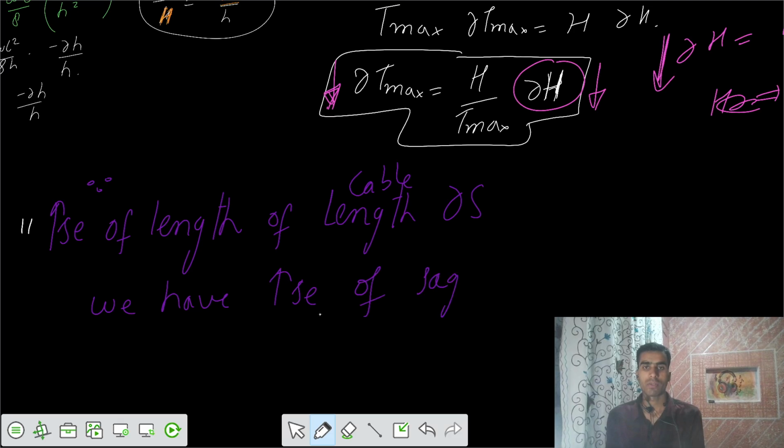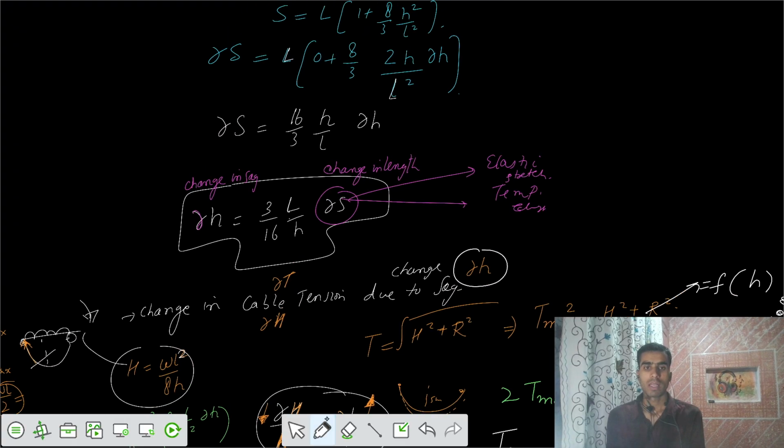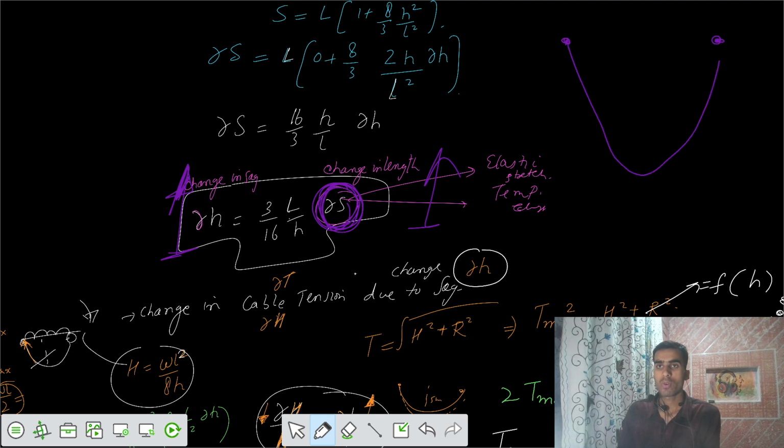We derived the equation for that also. Because of the change in cable length, we have that increase of sag, so they are directly related. By increasing the cable length, our sag also increases. That is obvious. If you have two supports that are not going anywhere and your length increases, more sag would get developed.